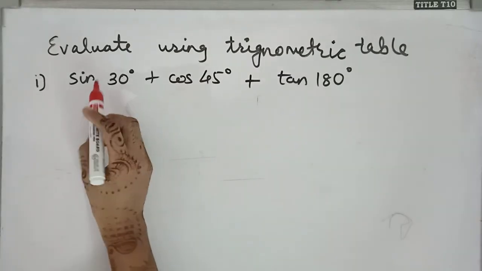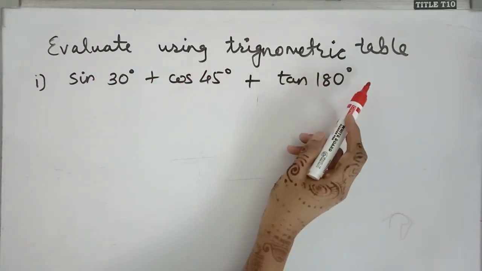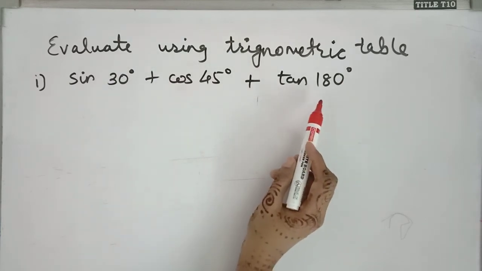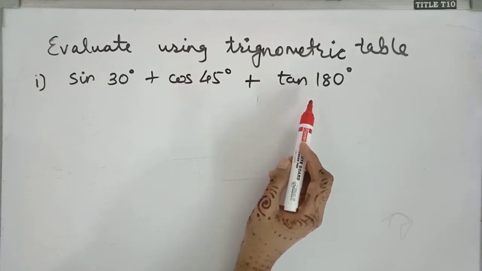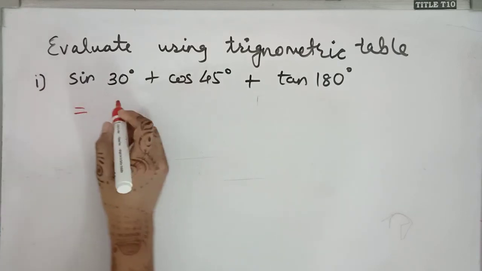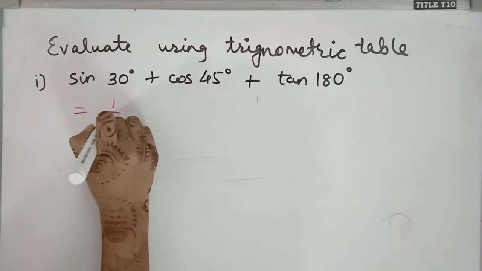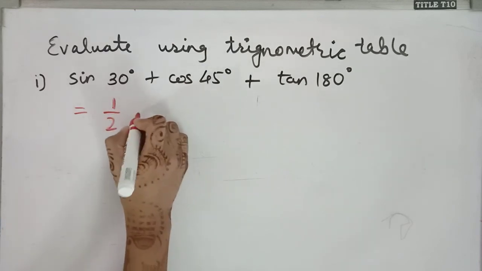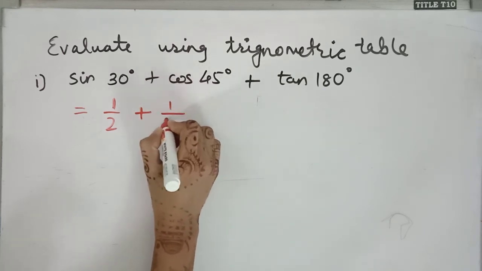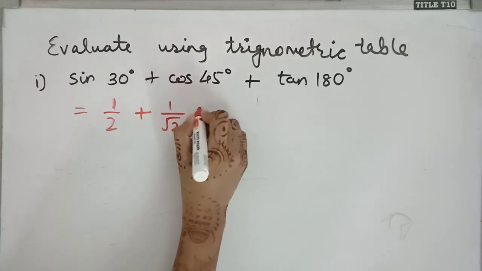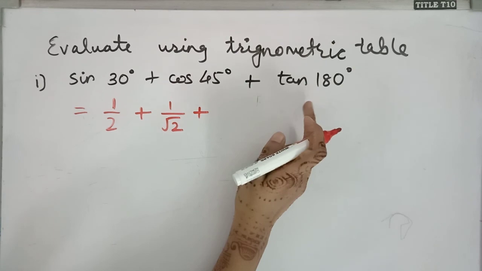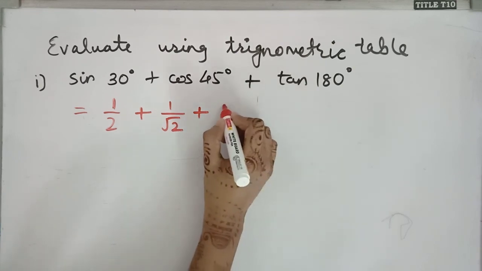Now let's see how to evaluate using the trigonometric table. First, sin 30 plus cos 45 plus tan 180. This is the question. Now start using the table. We have seen the value of sin 30 is 1 upon 2, plus cos 45. The value of cos 45 in the table is 1 upon root 2, plus, now we know tan 180 is 0.